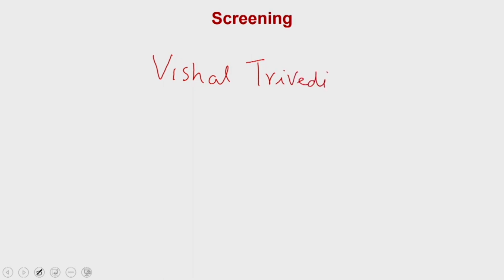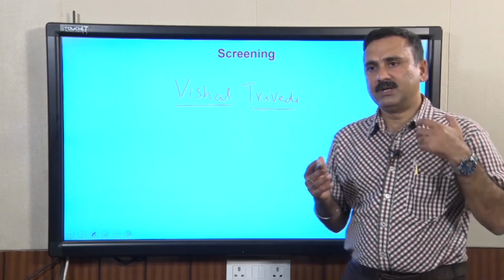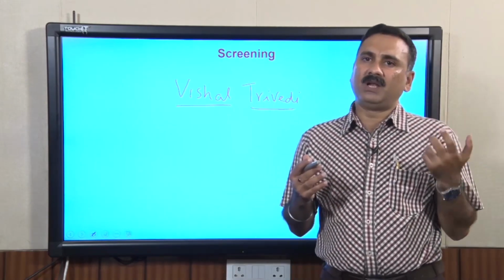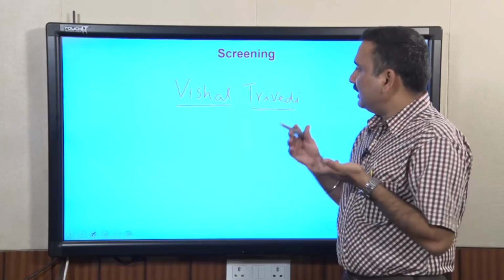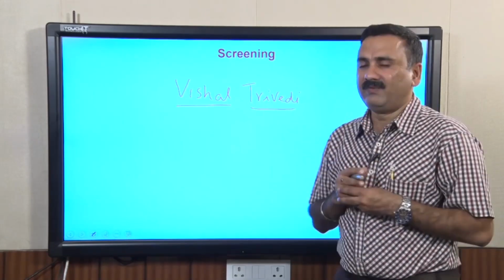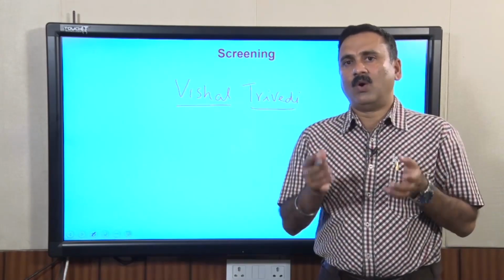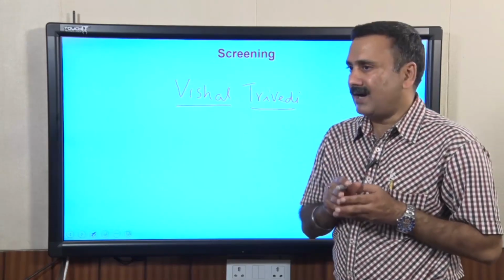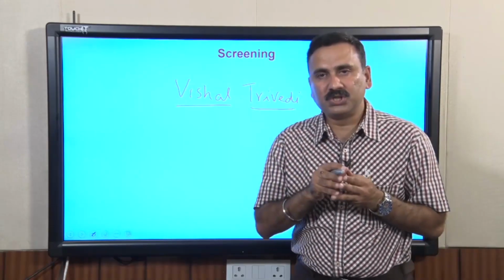If you type the name Vishal Trivedi and search, it will show you different persons with the same name in different places, who may be working in different institutions and in different countries. So, this name is not specific; it is specific only if you add affiliations or additional information.